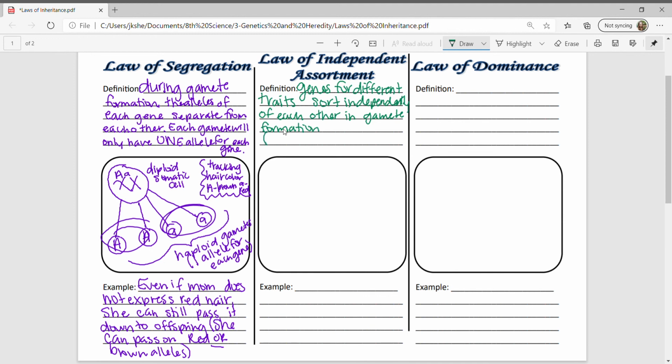And this means it is random possibilities.